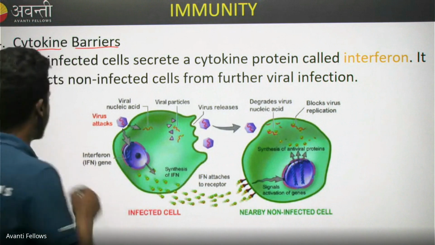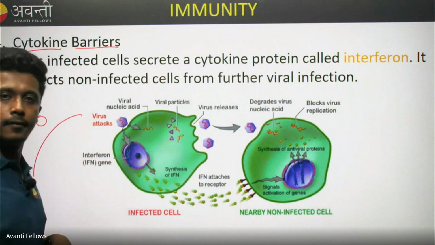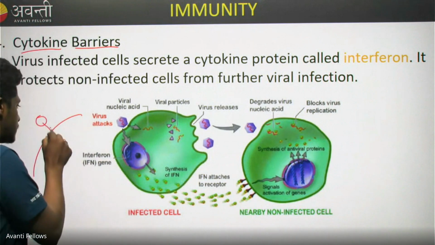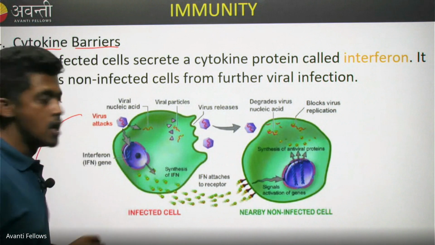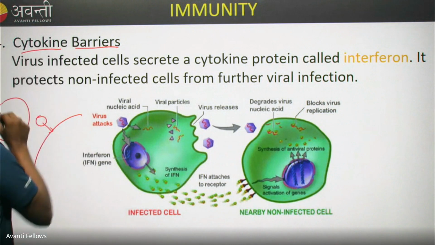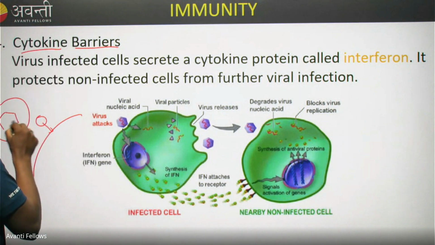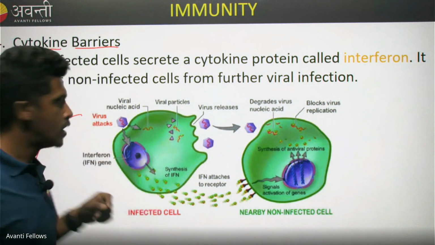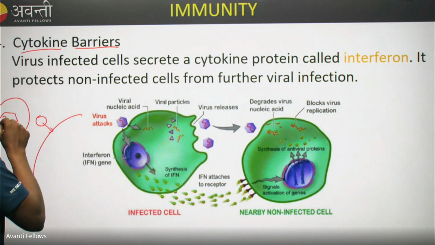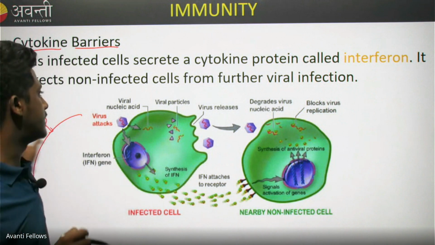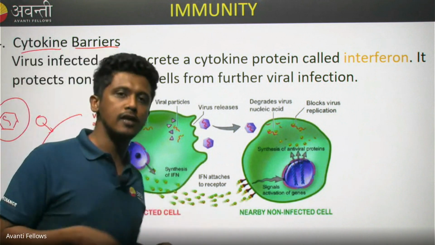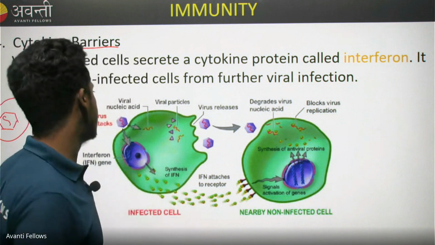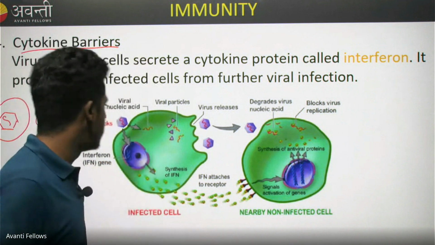If this is the virus and this is the surface of the cell, the virus comes and attaches to the surface of the cell. Within the virus there is a special package, which we call the virus capsid. This capsid contains its genetic material and the proteins or enzymes that enable the virus to survive within your cell.